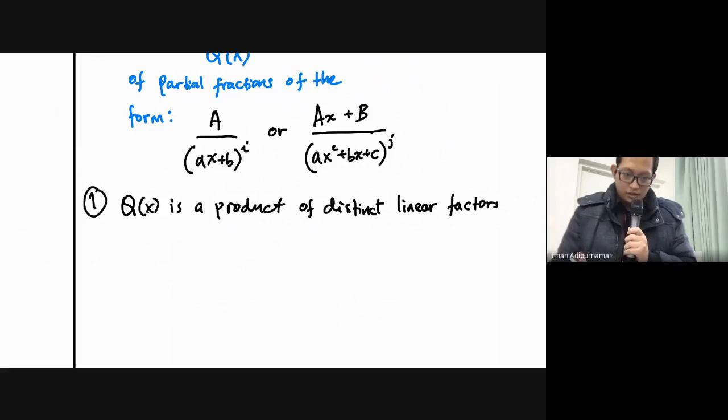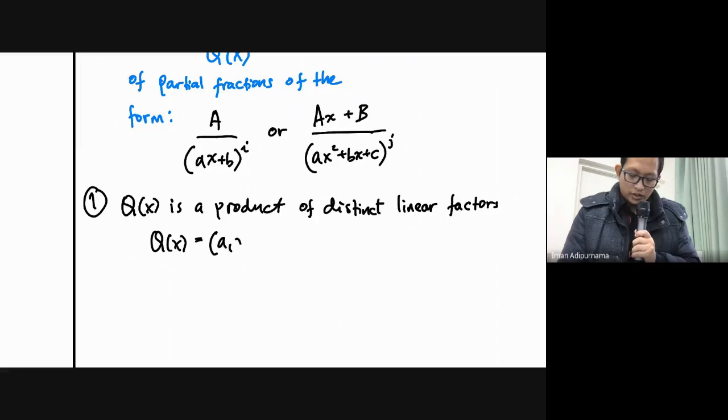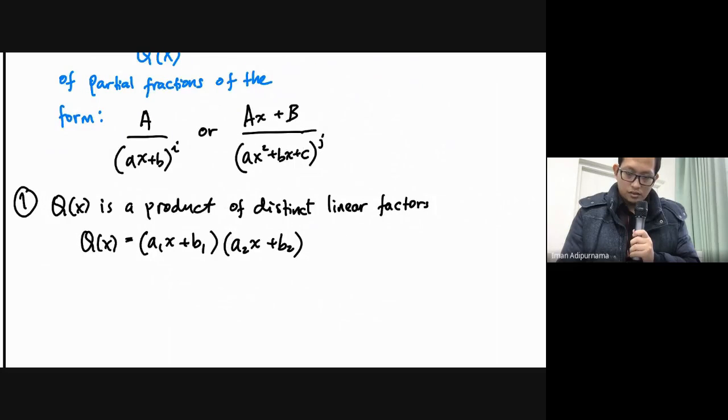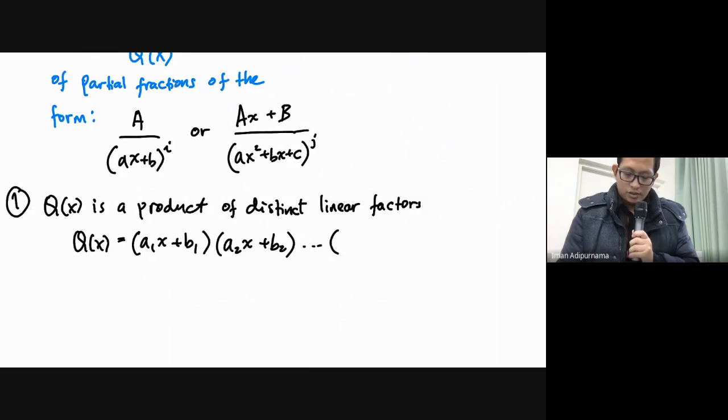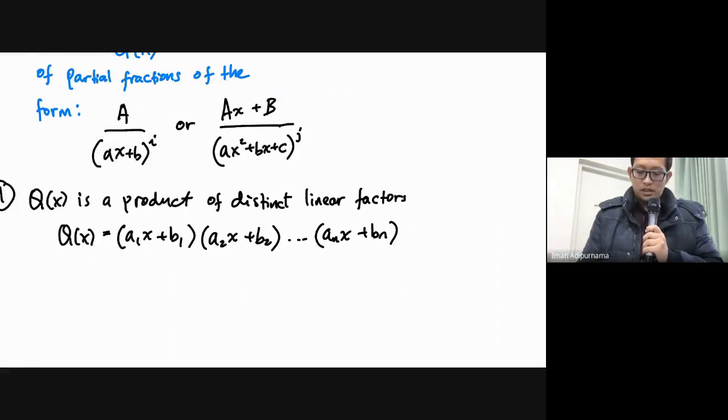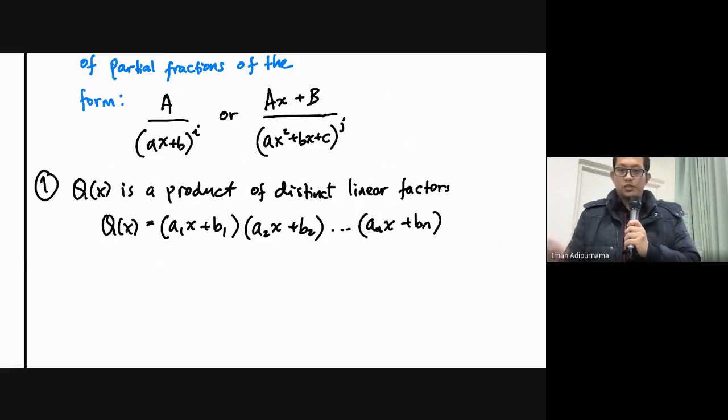For illustration, let's say Q(x) is (a1x plus b1)(a2x plus b2) and so on until some n, where a1 is not equal to a2, not equal to a3, and so forth.